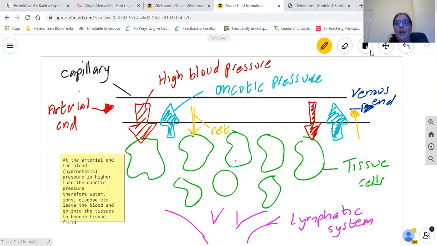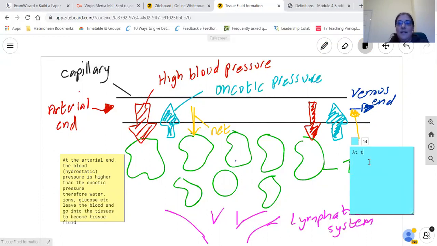So in other words, again, if we put it in here, we'll say at the venous end, the oncotic pressure is now higher than the blood pressure.